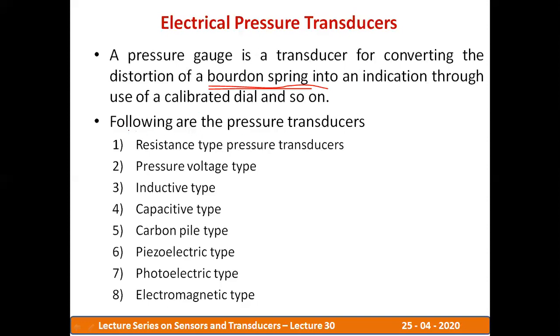Okay, so what are the different types of pressure transducers? We have resistance type pressure transducers, pressure voltage type transducer, where pressure is converted into proportional voltage, hence it is called pressure voltage type, and inductive type.